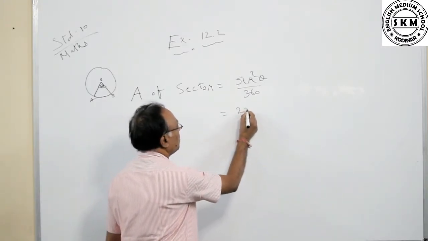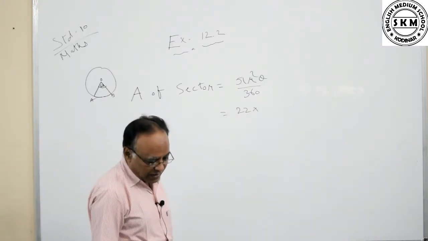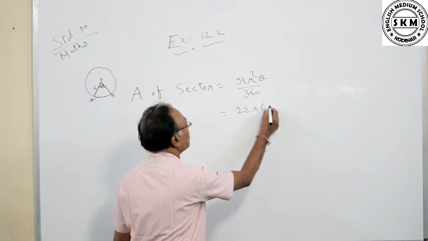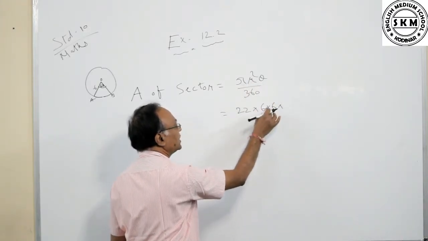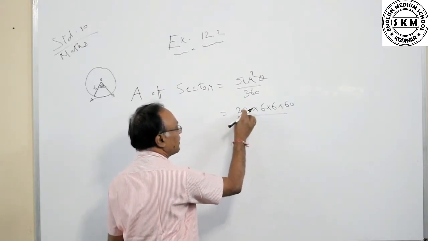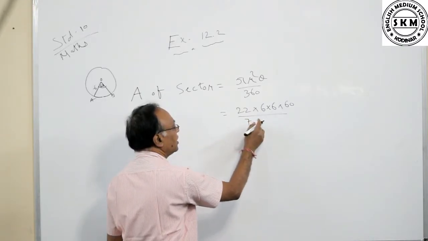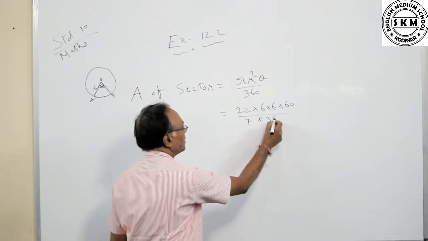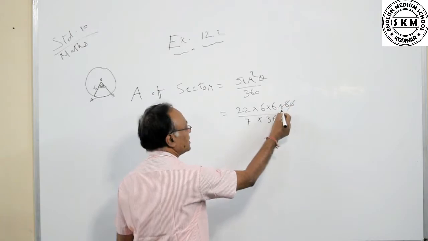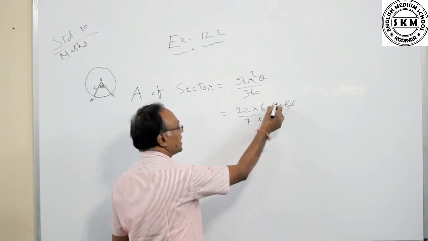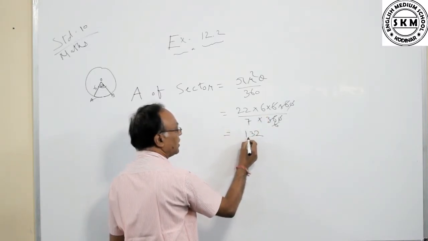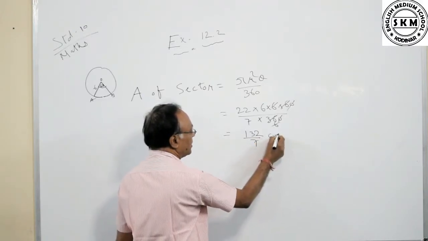So 22 upon 7, radius is given as 6 centimeters, so into 6 square, 6 into 6, theta is given 60, and 7 is in the denominator, multiplied by 360. The zero cancels, 6 into 36, 6 cancels. So 6 twos are 12, 6 twos are 12, plus 132 upon 7 centimeter square.